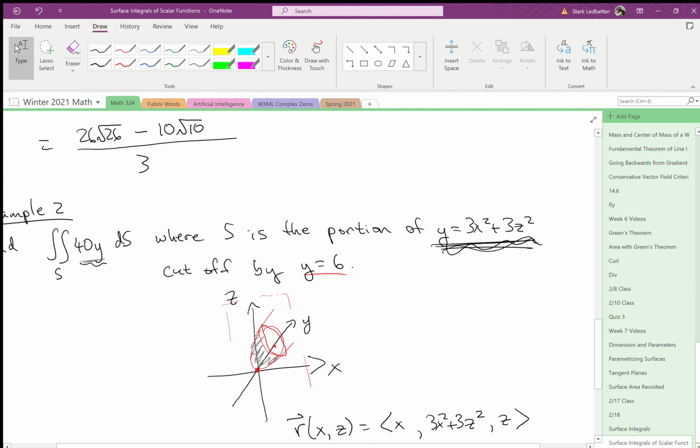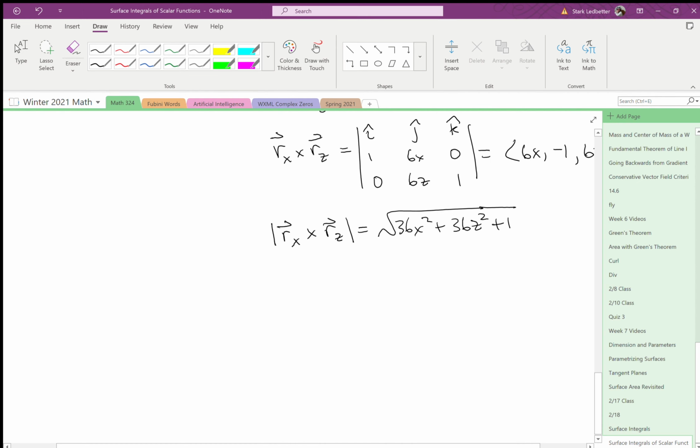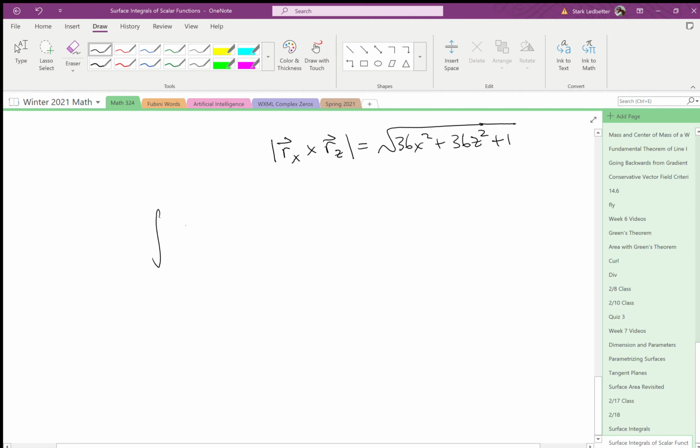So I'm going to get 120x squared plus 120z squared. So I'm calculating 120 times x squared plus z squared times the root of 36x squared plus 36z squared plus 1. I'm going to need a dx dz in some format.